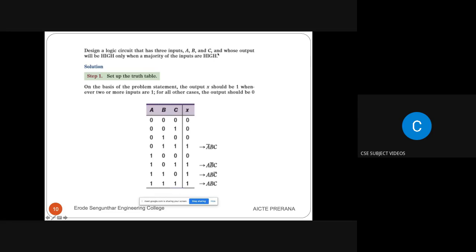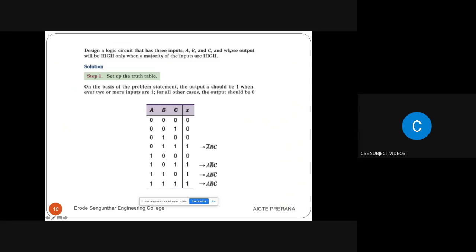So for three inputs, as we discussed in the previous analysis procedure, three inputs take 8 rows, and the values of the rows will be from 0 to 7. In this way, we have formed the input columns of the truth table. And how are we going to obtain the output?